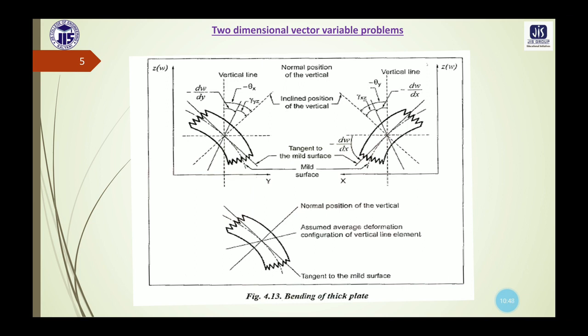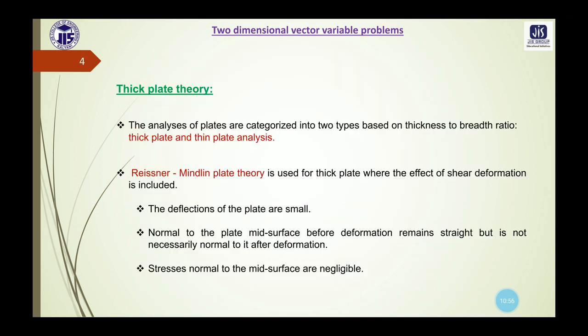And the third assumption is that the stresses normal to the mid surface are negligible. These three assumptions are applicable for the Reissner-Mindlin plate theory.